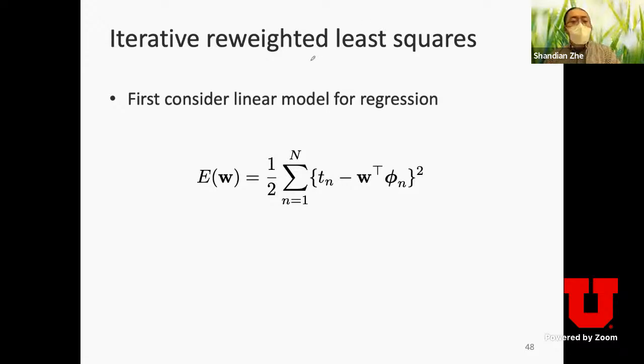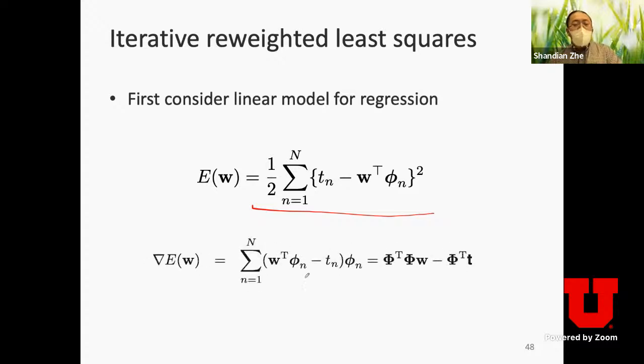If you look at the linear model for regression, the negative log likelihood will have this form. It's a much nicer form, which is just a square loss over the training observations. If you take the gradient, it will give you a form like this, which I'm not going to show how to derive. I believe everybody feels this is pretty easy. And this is phi again, the design matrix.